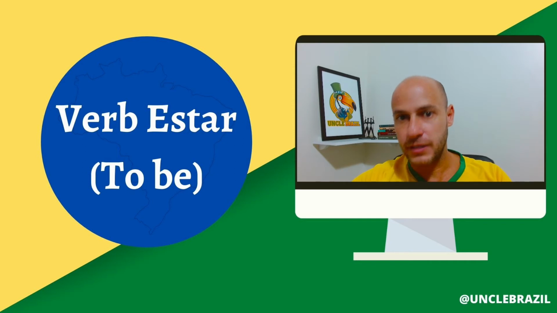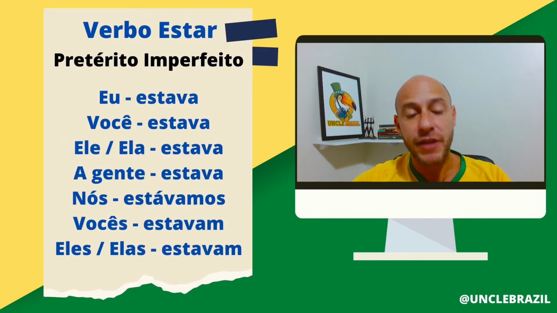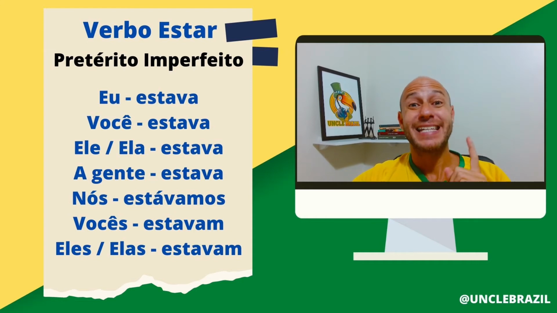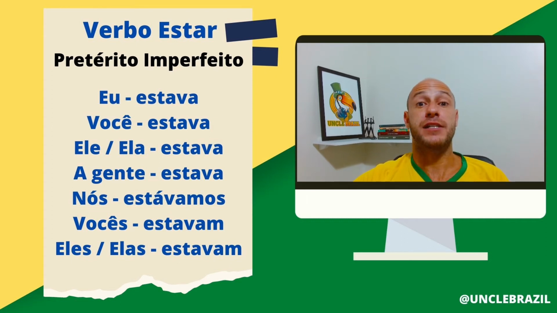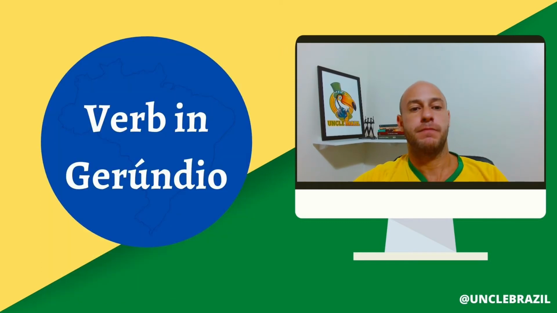Let's conjugate it in the past imperfect, pretérito imperfeito. Eu estava, você estava, ele, ela estava, a gente estava, nós estávamos, vocês estavam, eles, elas estavam.